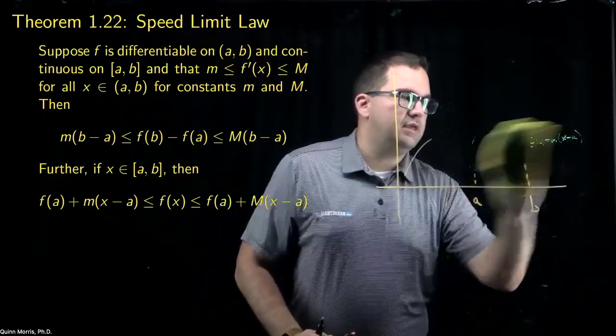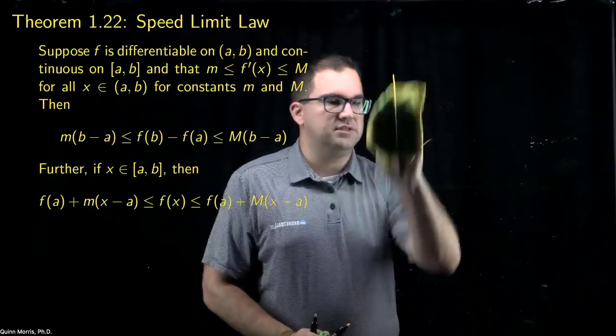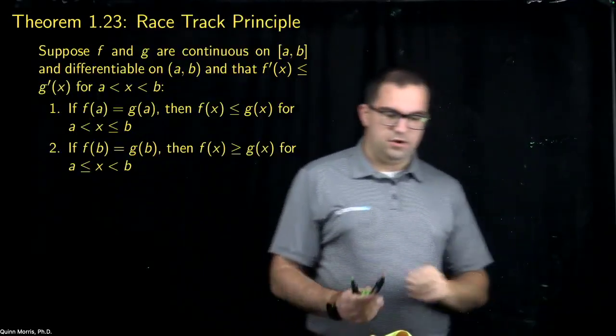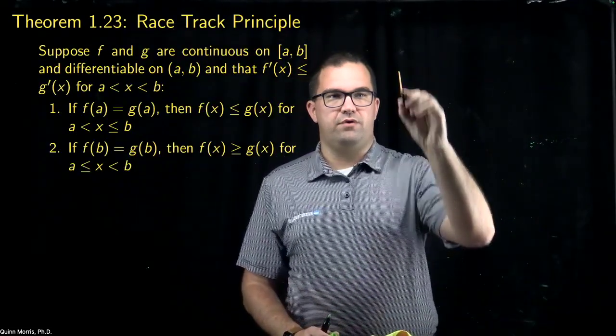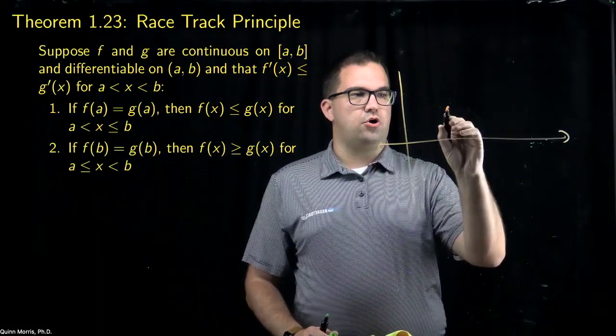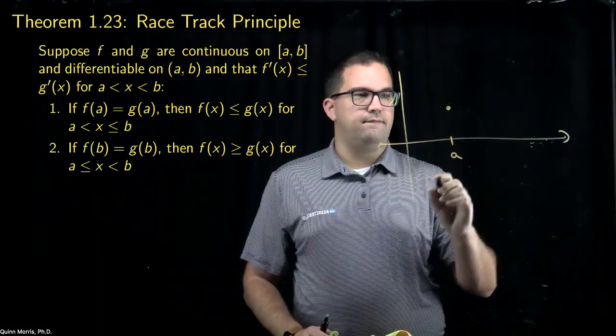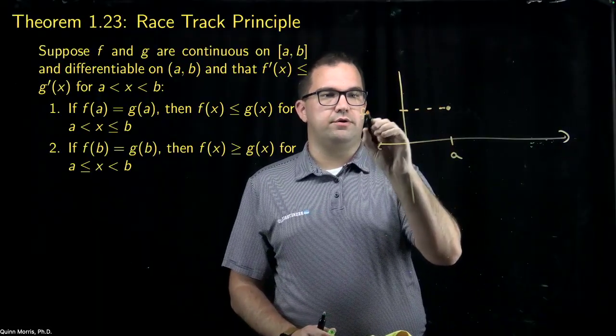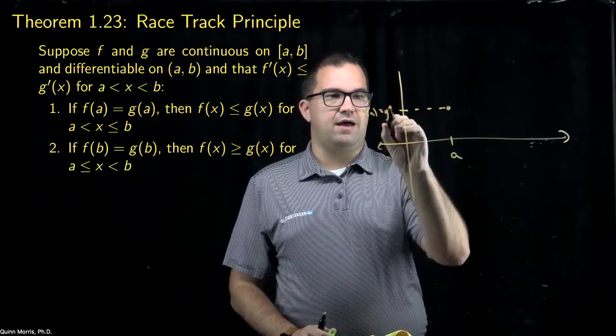Now going back to the racetrack principle, the idea here is simply that if I have two functions, so in the first part, I have two functions that start at the same value. So here's A, and these two start at some common value.